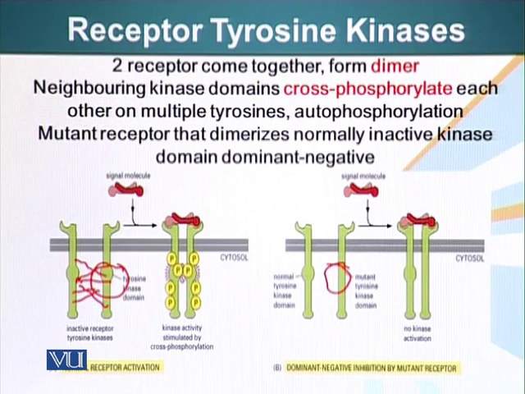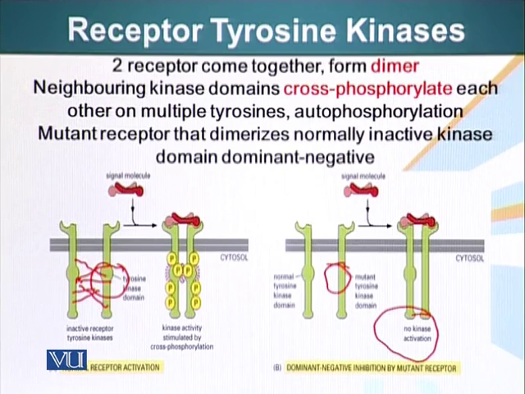However, they can pair up, they don't have the kinase domain, so they cannot phosphorylate each other. So when that happens, although the ligand has bound, there is a dimerization of the receptor, but there's no kinase activity, so there is no message conveyed to the cellular machinery. This is also termed as dominant negative inhibition.